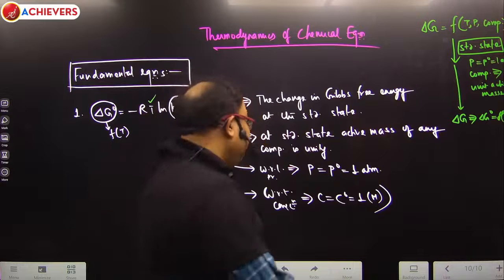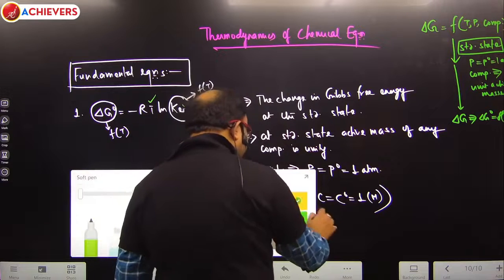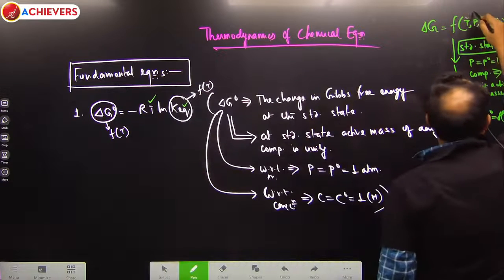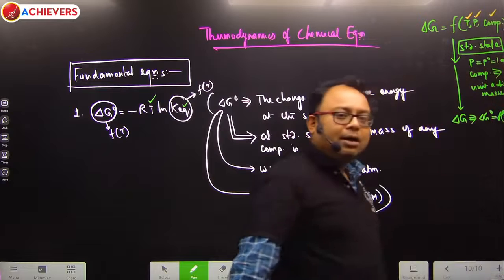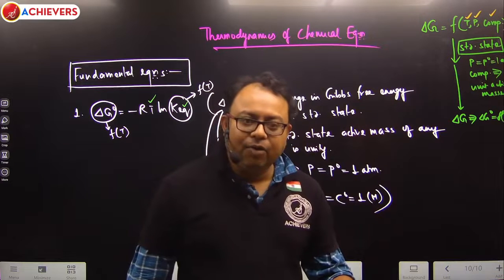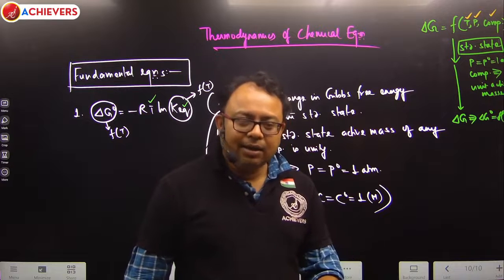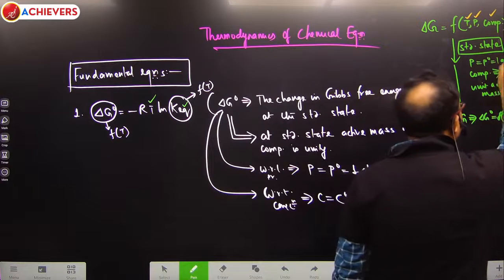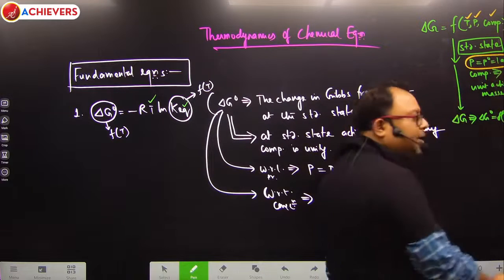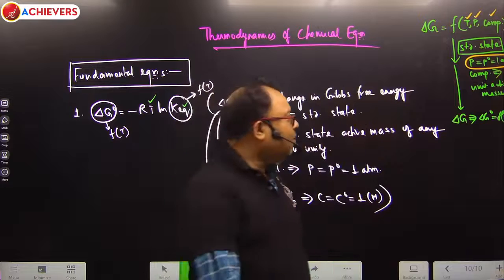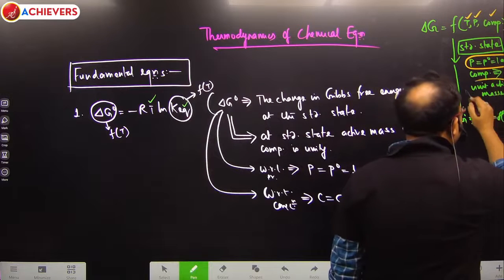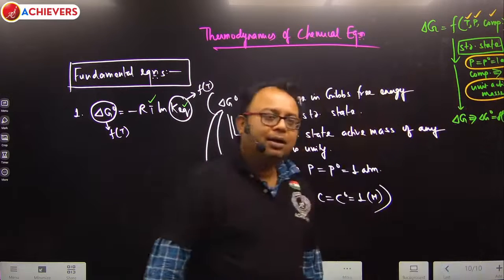Initially, delta G was a function of temperature, pressure, and composition. But when you are reduced to the standard state, the pressure is reduced to 1 atmosphere, and all the active masses are reduced to unity.